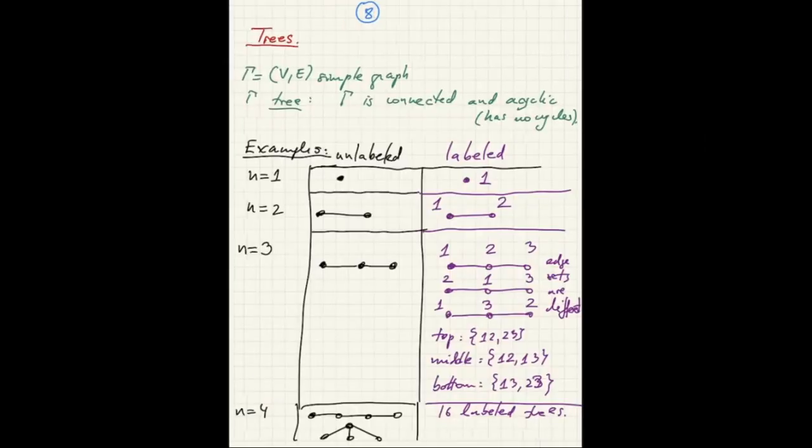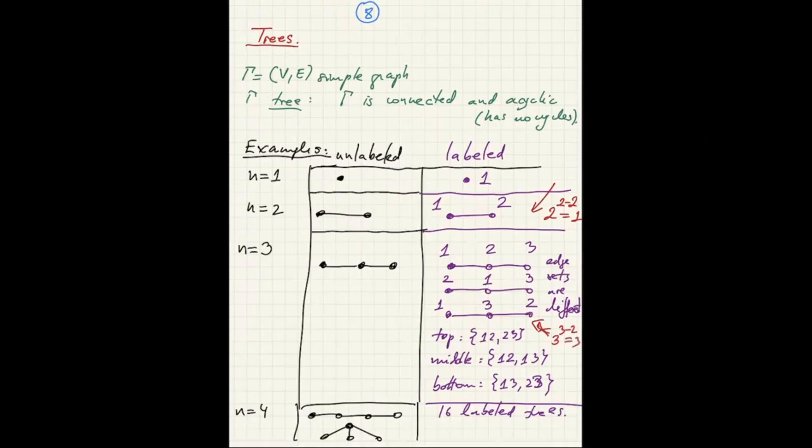So this number here was 2 to the power 2 minus 2, which is 2 to the 0, which is 1. This number here is 3 to the power 3 minus 2, which is 3.